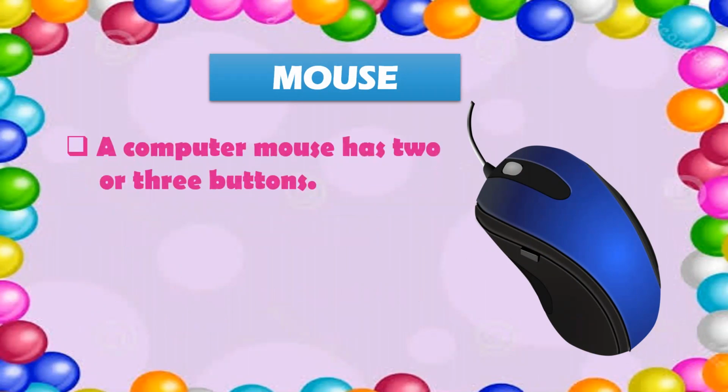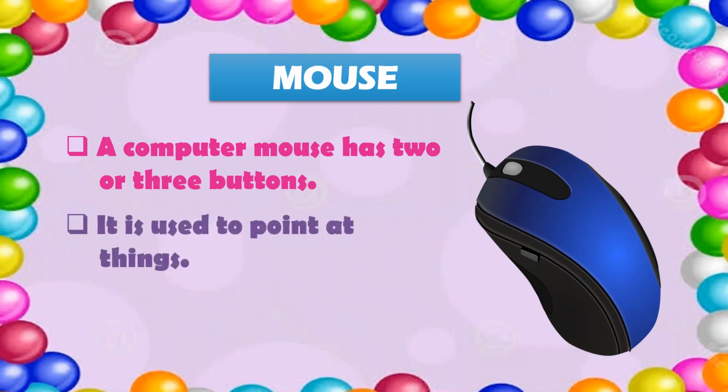A computer mouse has 2 or 3 buttons. Okay, children? As we point at things, similarly, a computer mouse is used to point at things on a monitor.